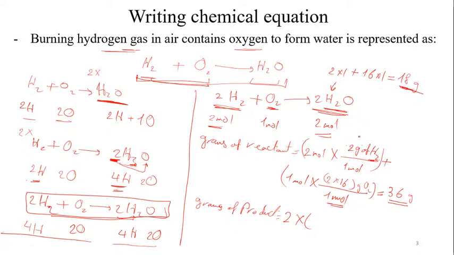So each one mole of water contains 18 grams. So I should write here that I have 18 grams of water in each mole. If I calculate, this would be equal also to 36 grams. We could see that the number of grams for both products and reactants are equal.